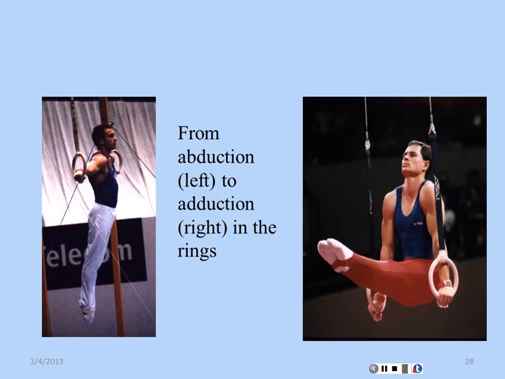And then this is the final one that I told you didn't have to worry about. The gymnastics guy going from abduction. Isn't this called the iron cross when they're like this? Like this, I could never do that. And then they pull up into this kind of pike position. So the teres assists with that.